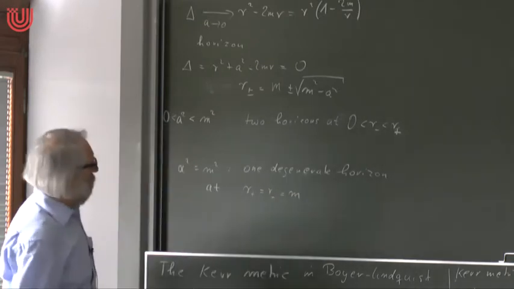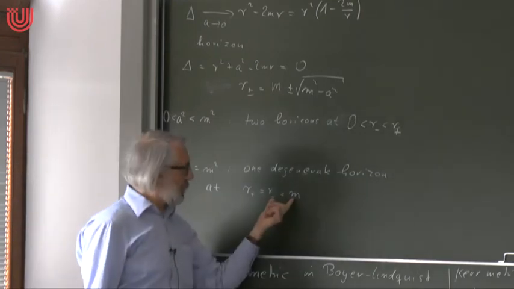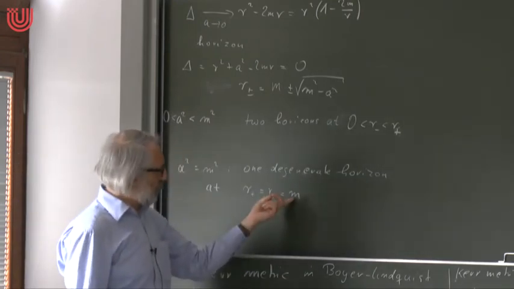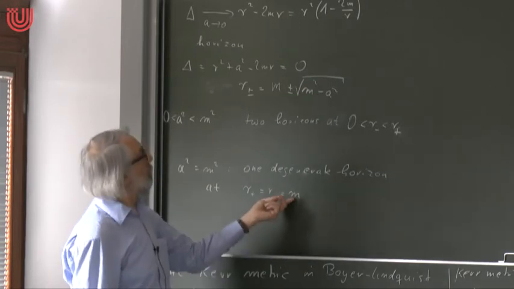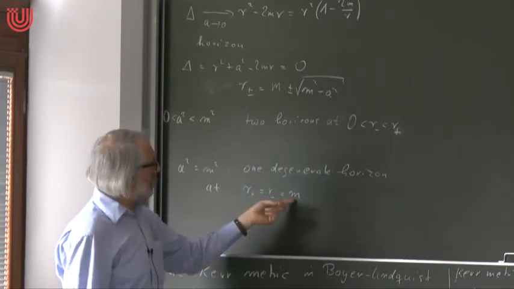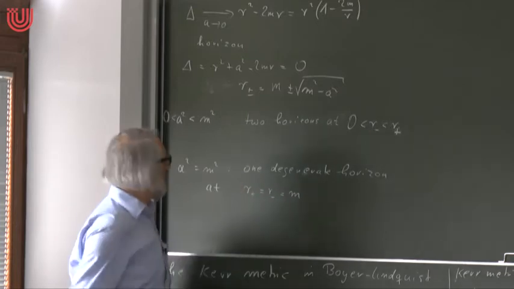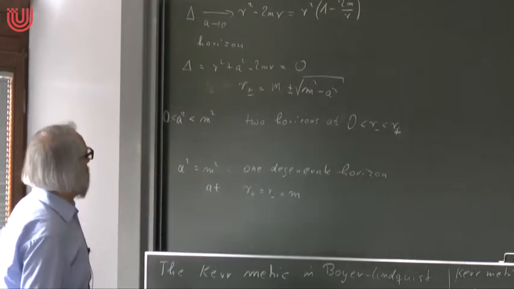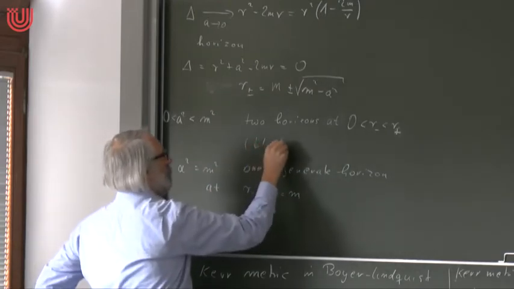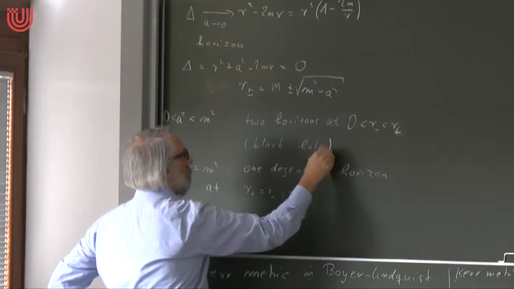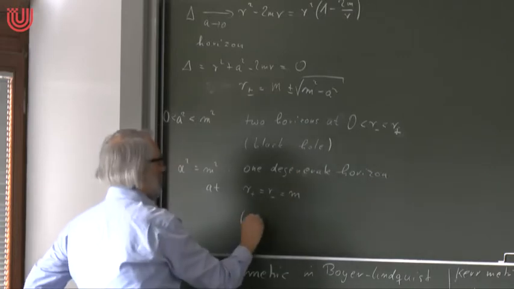So it is half the value of the position of the horizon for Schwarzschild. For Schwarzschild it was 2m, if I use this little m notation, and this degenerate case is at r equal m. So that's what one calls the black hole case, and this is what one calls an extremal black hole.